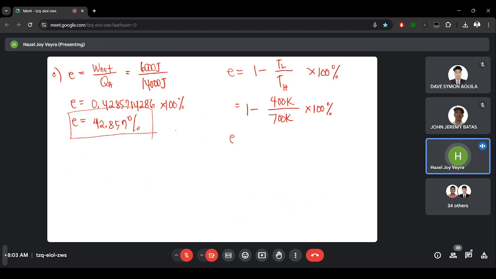What's the answer here, class? Mr. Aguila? Correct. So, the answer is also the same. So, you can opt to use any of the two. Or you can also use TH minus TL over TH.